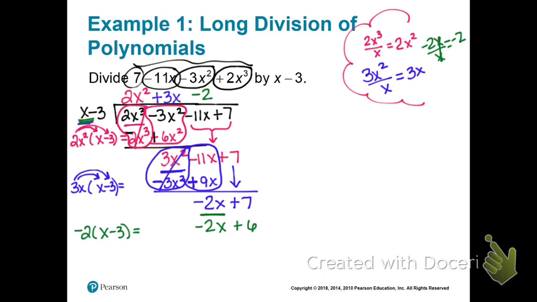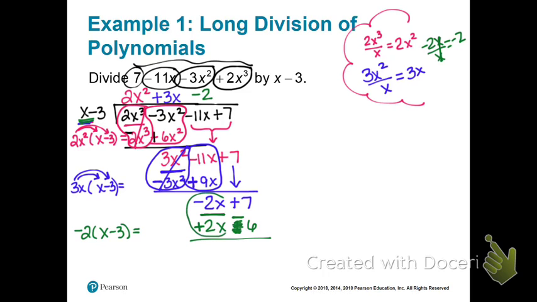Alright. And then subtract, so change the sign. So it's going to become a positive 2x. And look guys, that's a plus 6. It's hard to make that a minus. So I'm just going to scratch it out and put a minus. That way we don't miss it. Alright, so then we combine them.